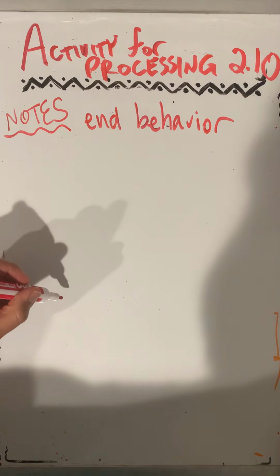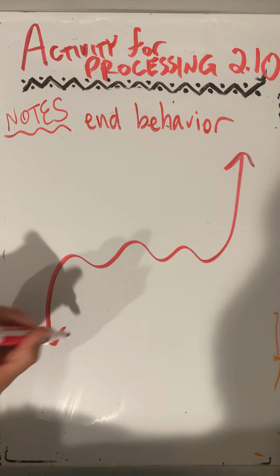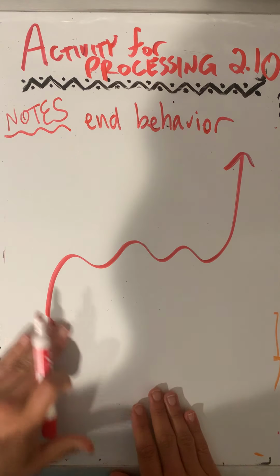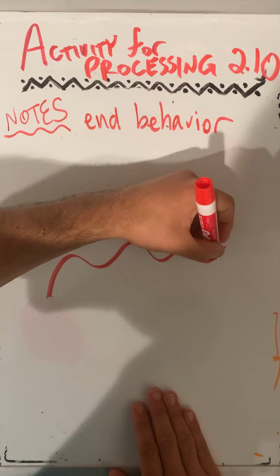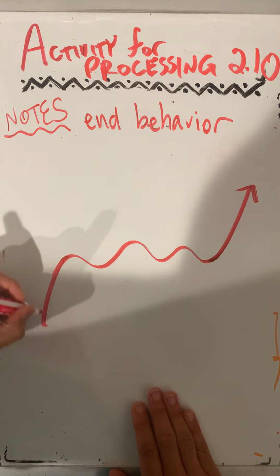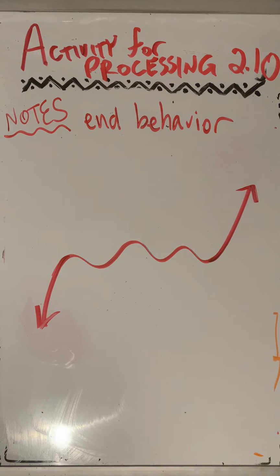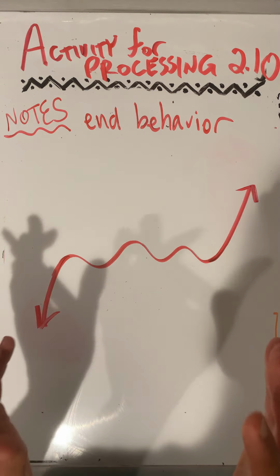Okay, this time I'm going to draw a graph, and I want to make sure I draw the ends a little more strategically here. There we go. We have no XY axis because I don't want too much stuff going on.